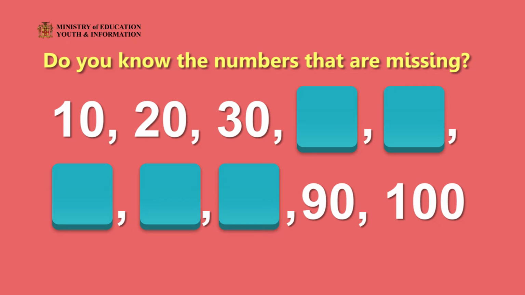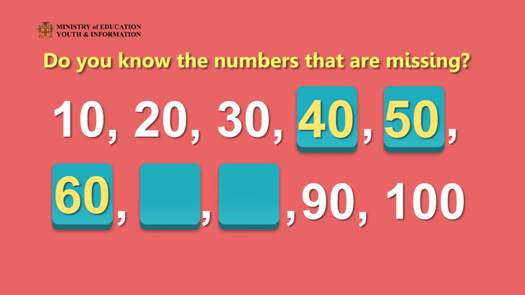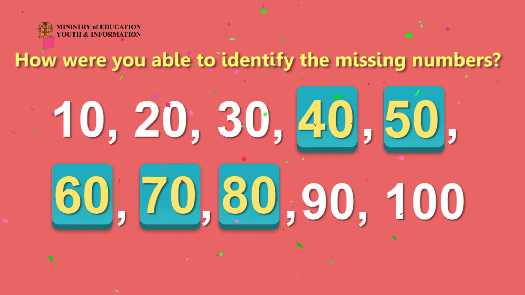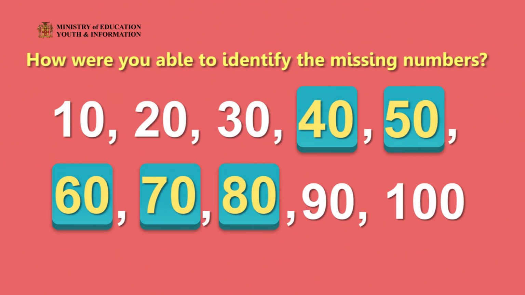Boys and girls, if you said the missing numbers are 40, 50, 60, 70, 80, that is brilliant. Now tell me how you were able to identify the missing numbers.